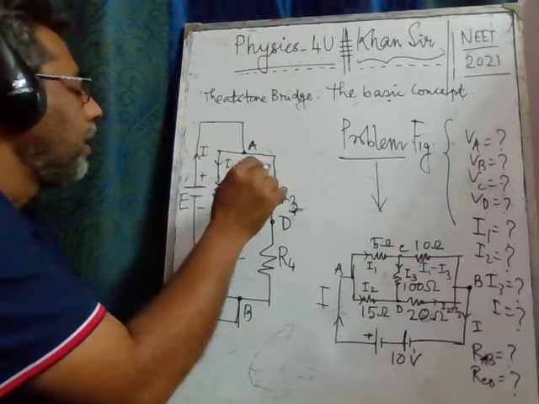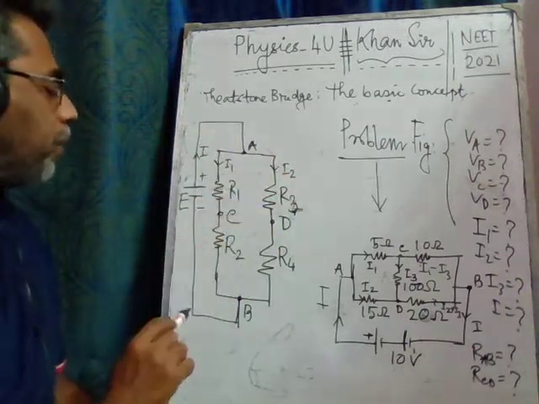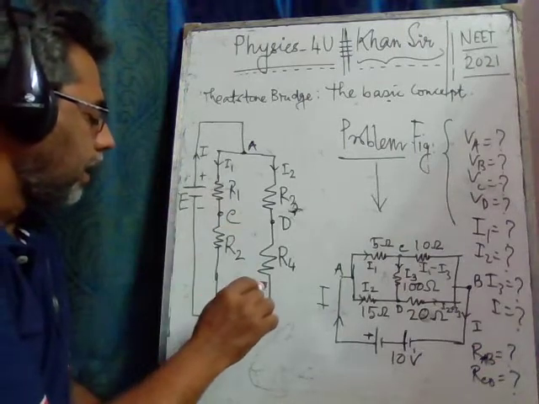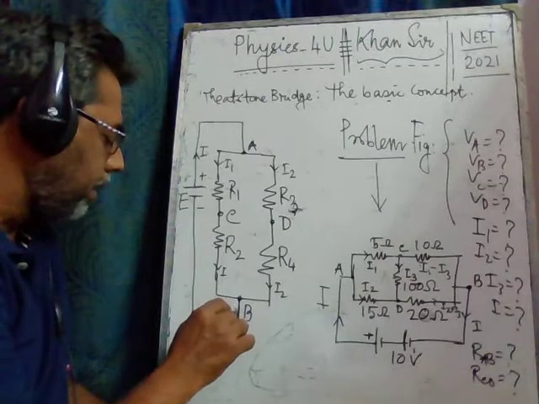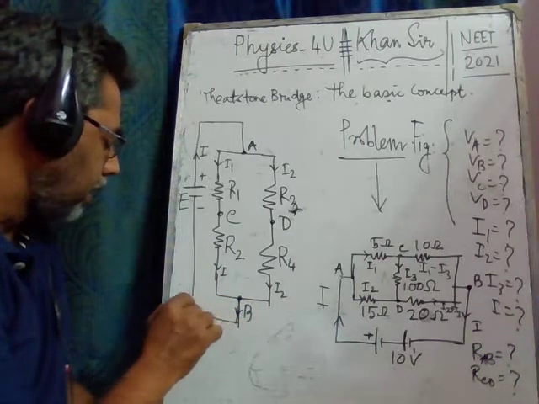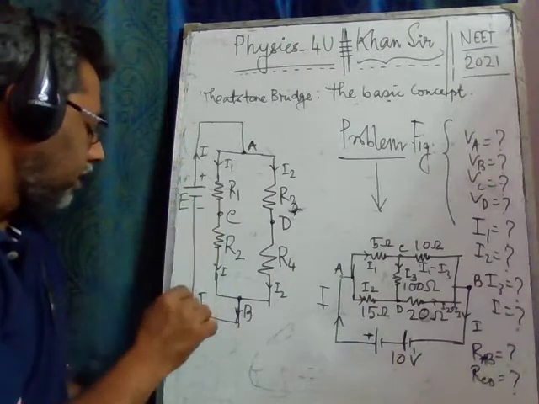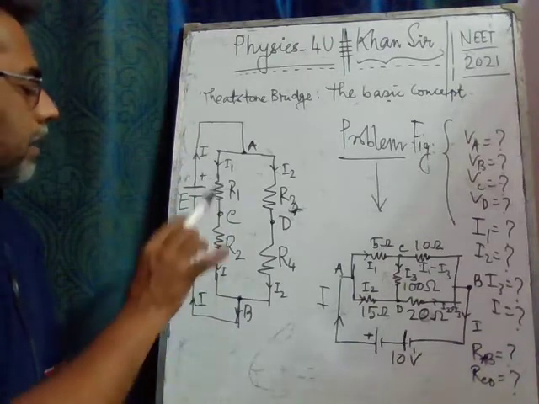This is I1 and another part flows in this path, I2. First of all, we shall not consider this one right now. This current I2 and I1 again meet together at the junction and return to the battery as the total current I. Let us first analyze this part.